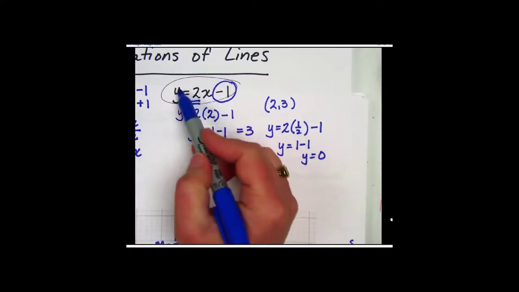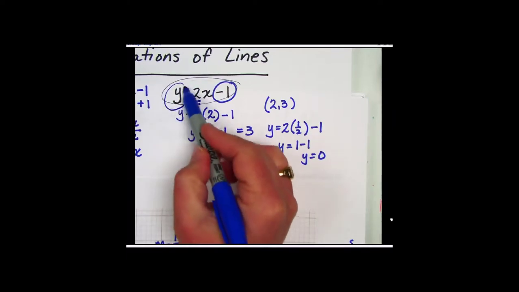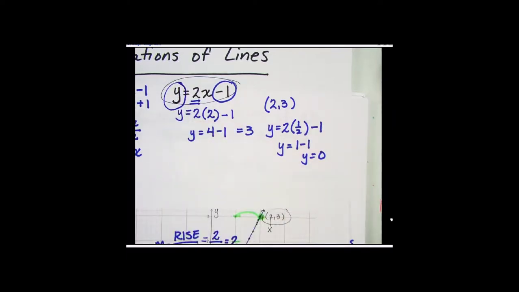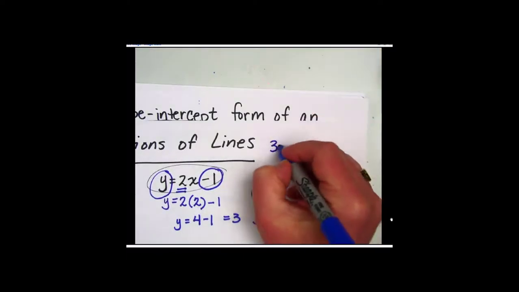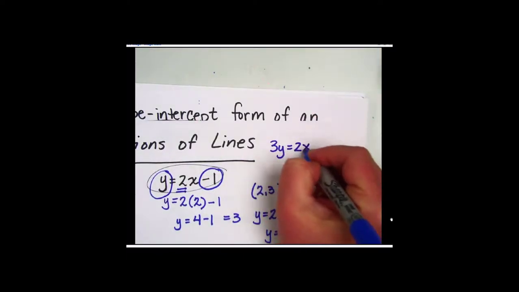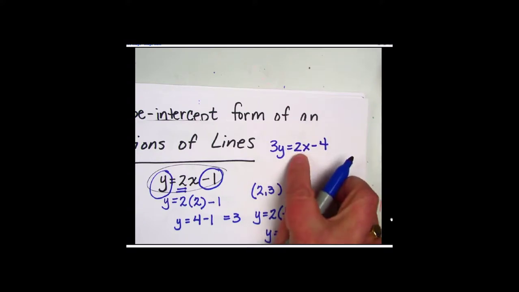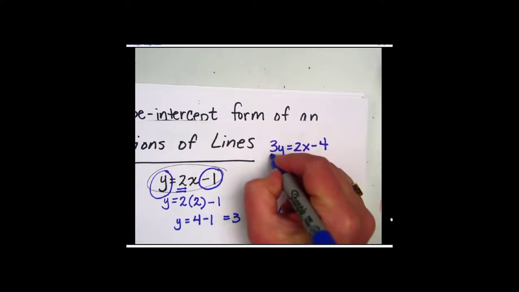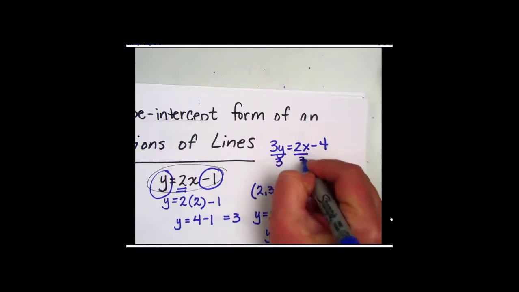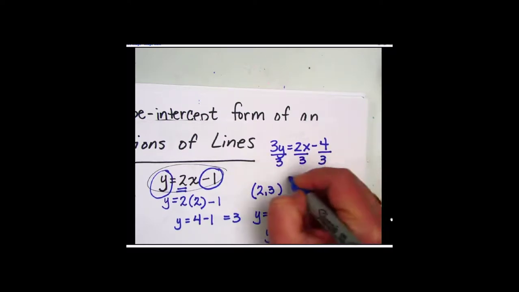Now there's a couple of watch-outs here. To be in slope-intercept form, y needs to be isolated all by itself. Okay? In other words, if I had the equation 3y = 2x - 4, my slope is not 2. I have to first isolate y. Well, we can do that simply by dividing every term by the 3.